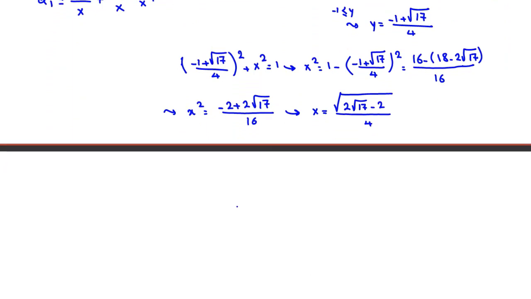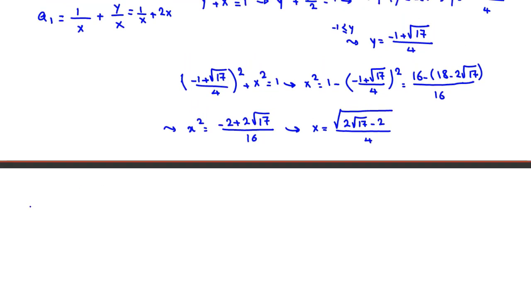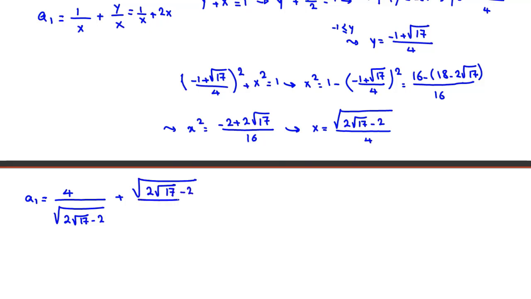Now we want to calculate what? We want to calculate a_1. a_1 is the hardest part that we want to calculate. a_1 is 1 over x, so it will be 4 over the square root of 2 root 17 minus 2, plus y over x, plus 2x, we can say. It's the square root of 2 root 17 minus 2, all over 4.